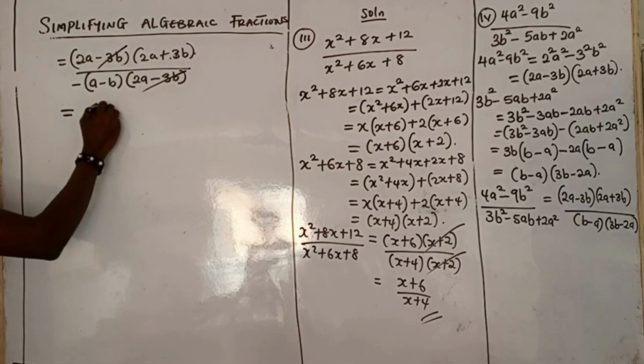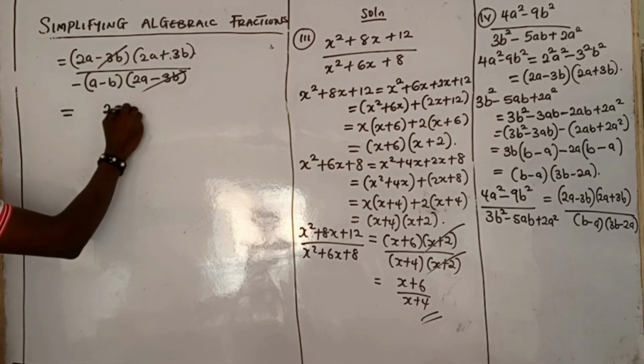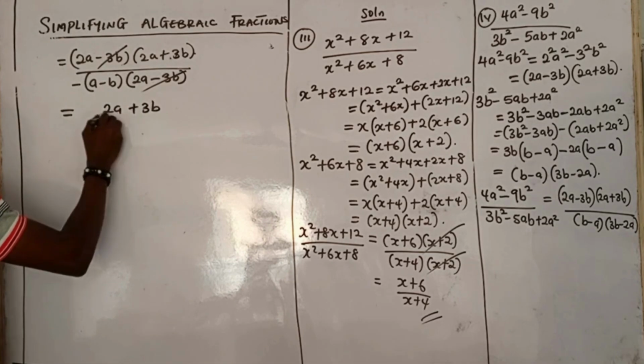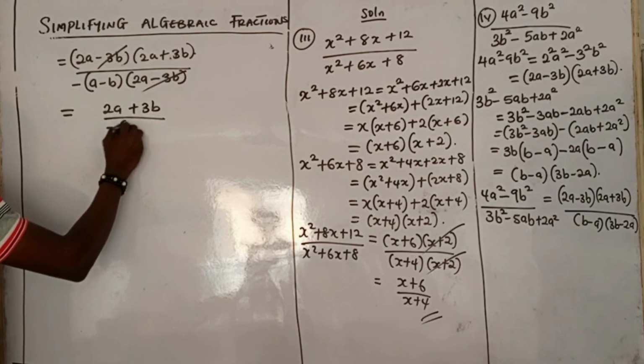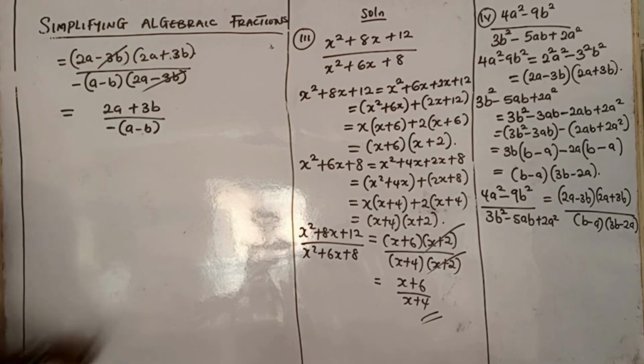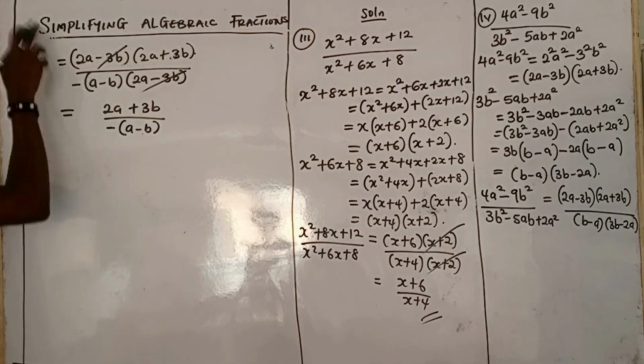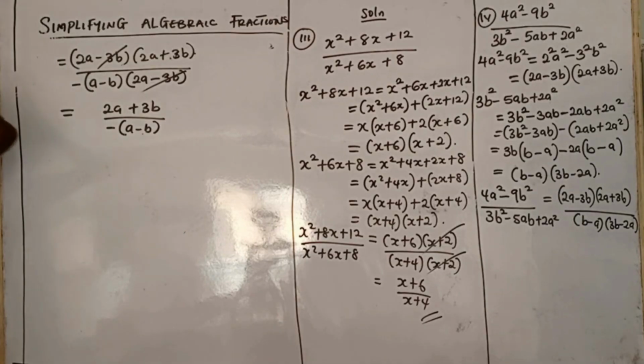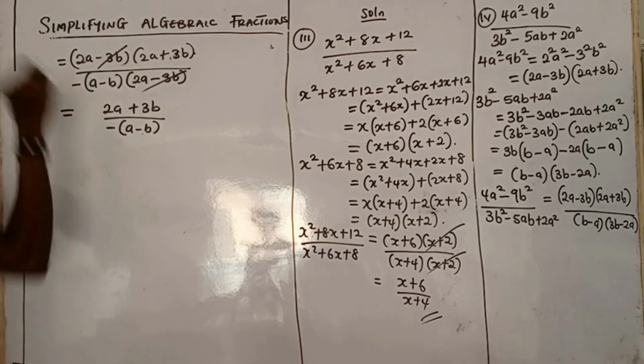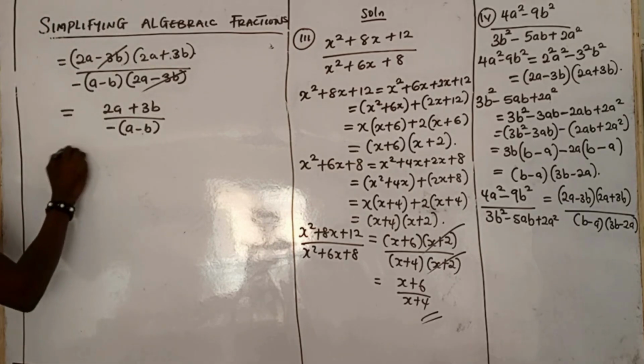So our final answer will now become 2a plus 3b divided by minus a minus b. Remember, when you divide by negative, the minus sign becomes common to both of them.